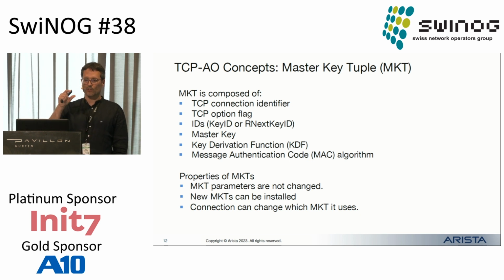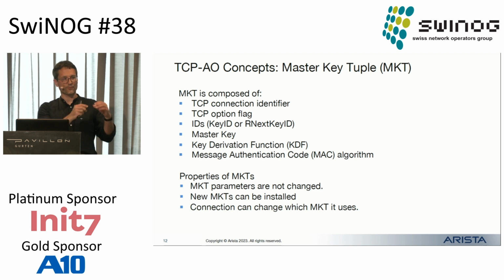Let's look at a couple of concepts of how this is set up. One important thing is what is called the master key tuple, or MKT, which is usually referenced. It consists of a connection identifier, which is like IP address, port, source, and destination. There's a TCP option flag, which signals if you want to include all other TCP options in the calculations or not.